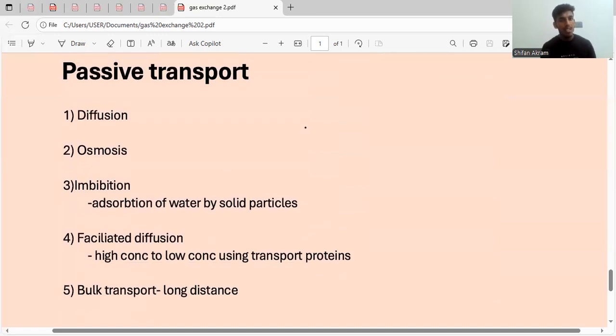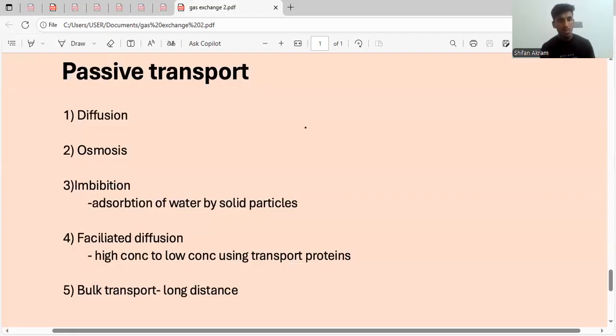Even though movement of a single molecule is random, if you take a whole bunch of molecules, they move in a direction that is from high concentration to low concentration. One of the major places where diffusion occurs is during gas exchange, where gases travel from high concentration to low concentration through the cell membrane. This is one example of diffusion.